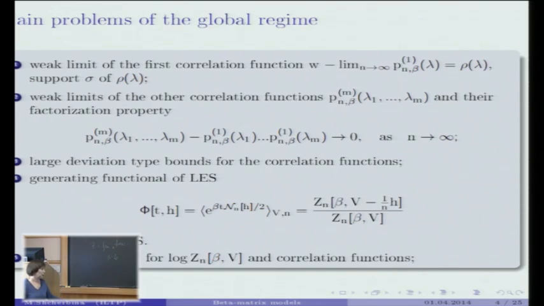The last question in the global regime: there is also a CLT in some intermediate regime, but I will not stop on this question today. And a very important question is the expansion of log Z, the log of the partition function, with respect to n minus 1. The first, second and third questions you should consider independently, but for the fourth and fifth, the method is much better than previously known methods.